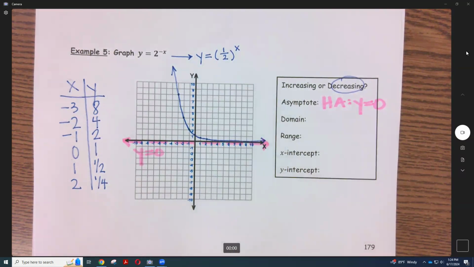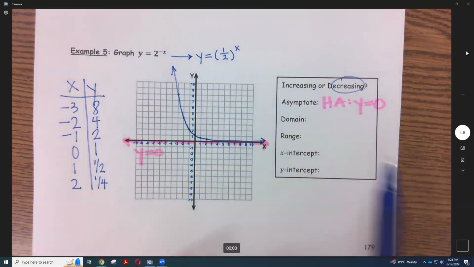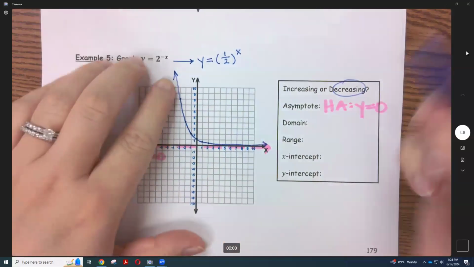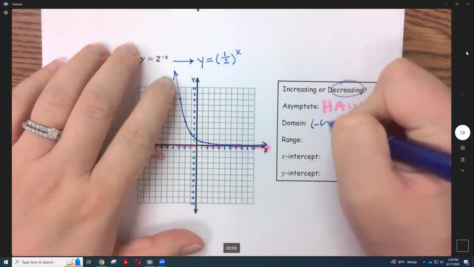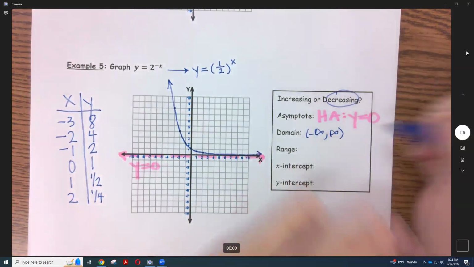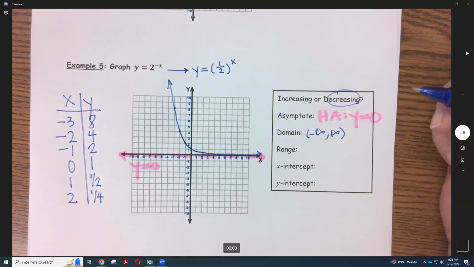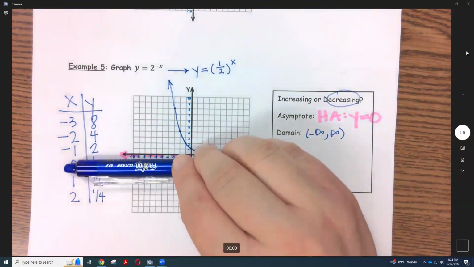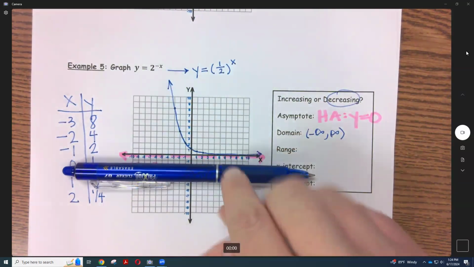Okay, now that we have that graphed, we can answer the rest of these questions. The domain, we go from left to right. Goes arrow, negative infinity to arrow, positive infinity. And again, exponentials have a domain of all real numbers. The range, as we go from the bottom to the top, the first thing that we go to is that horizontal asymptote.